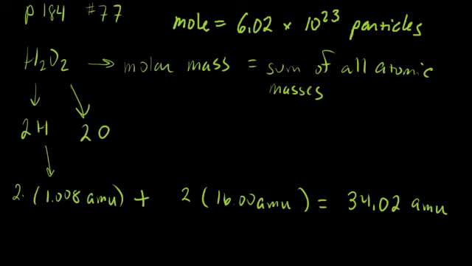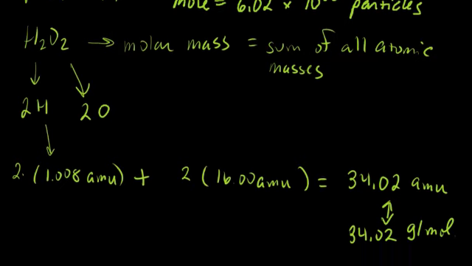But as I said, on the periodic table, if we want to go between a single atom or single molecule of a particular thing all the way up to a mole of things, we can interchange grams and moles, and this will be 34.02 grams per mole. So if we're talking about one molecule of hydrogen peroxide, 34.02 atomic mass units.